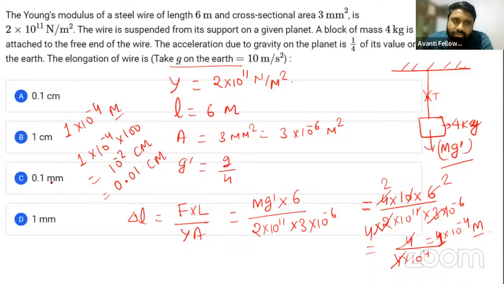This is not an option. So obviously millimeter is the answer, because in 1 centimeter you have 10 mm. Multiply this expression by 10. So 0.01 into 10 will become 0.1.